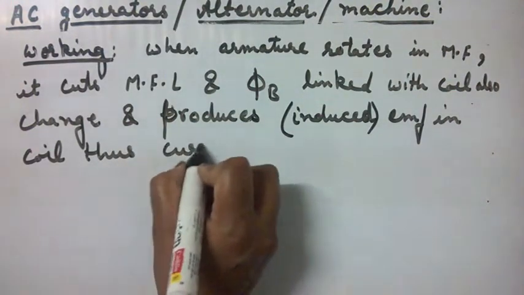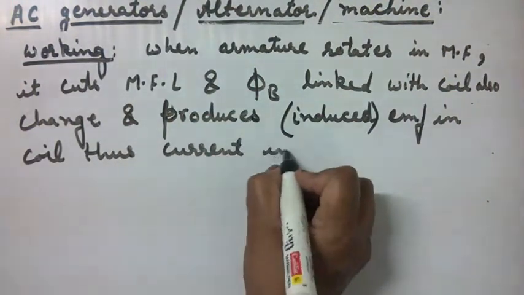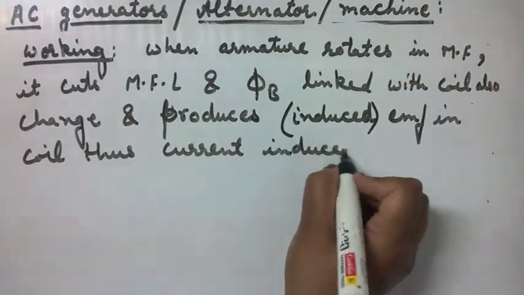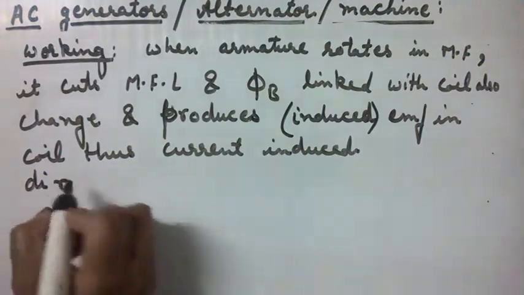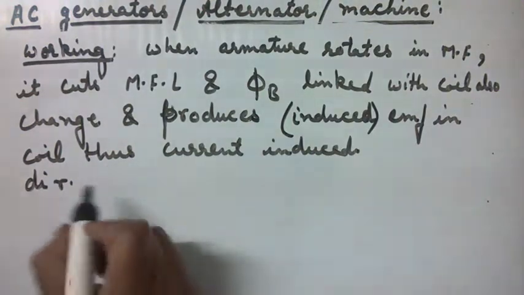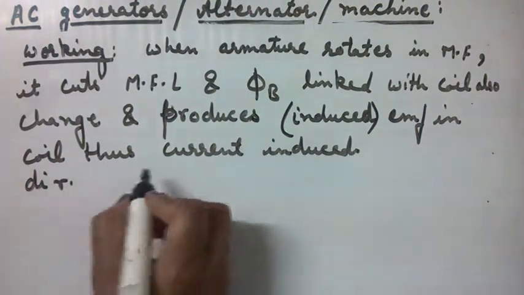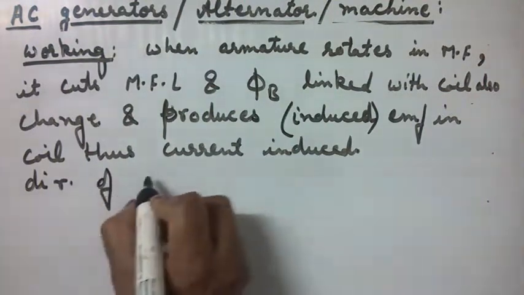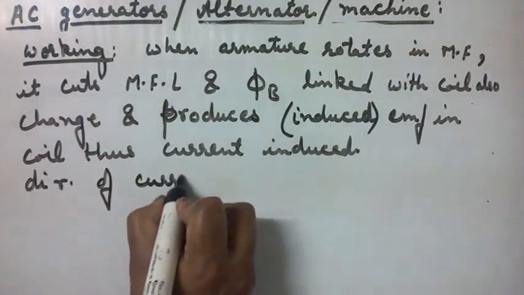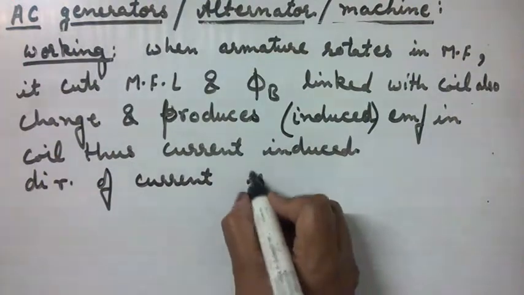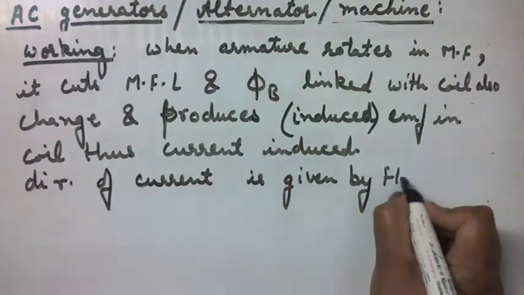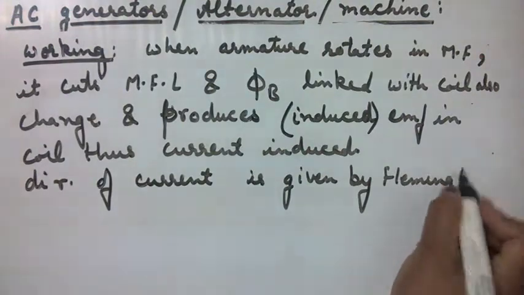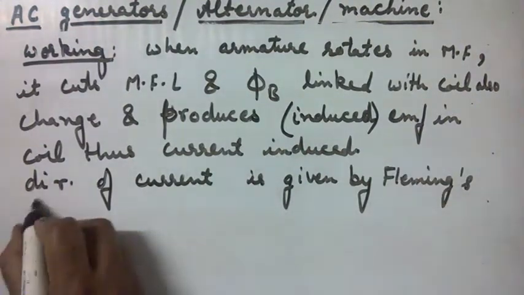Thus current is induced in the coil. And the direction of induced current is given by Fleming's right hand rule.